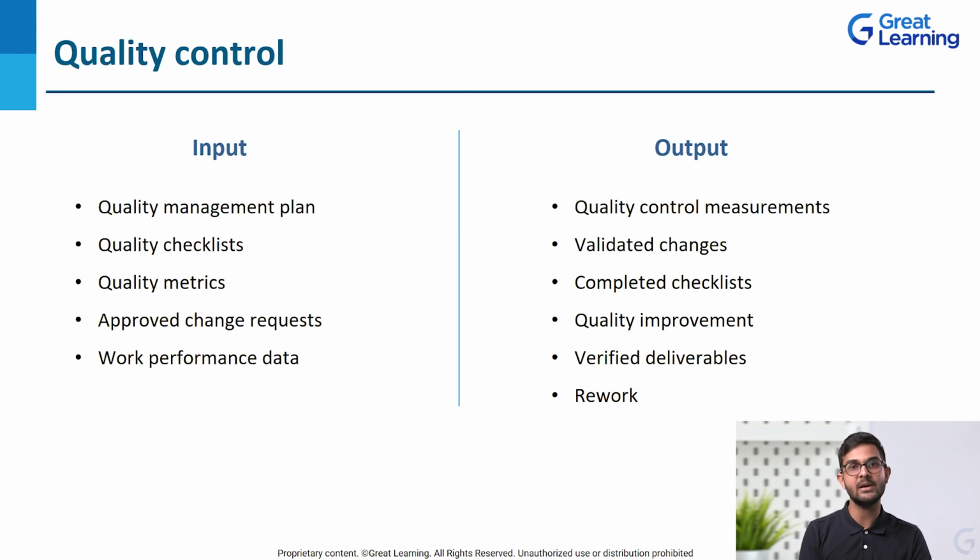Then quality improvement, how that can be done, verified deliverables, the results, outcome of the project, and then the rework also. So generally, if we are going with the quality plan, there are very few chances that we will have to go with the rework process, because rework is generally done when we don't have the quality plan.